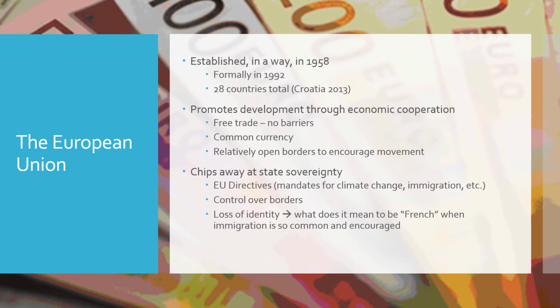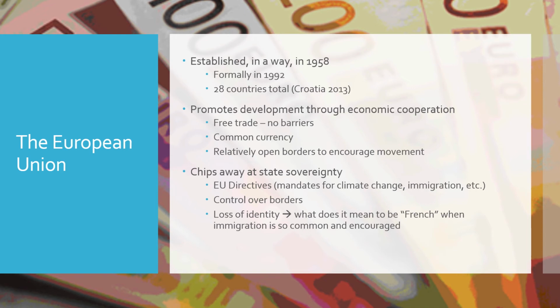But I think, at least in my class, the best example of illustrating the pros and cons of supranationalism comes with the European Union. So throughout a modern world history, Europe has been predominantly the power broker of the world, certainly from the 16th century on.